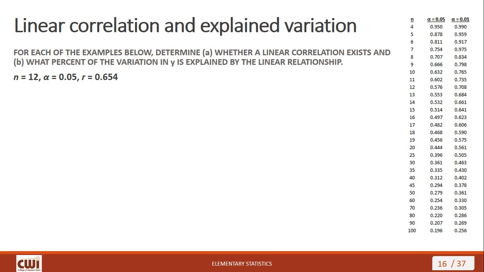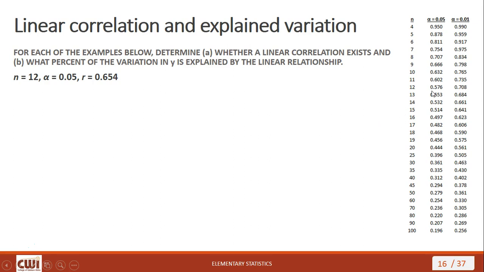First, determine whether a linear correlation exists. This is our R value that we calculated. We have to compare it with a critical R value. So we go to our table of critical R values, and we look at a significance level of 5% and sample size of 12.